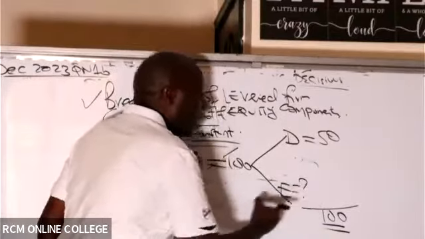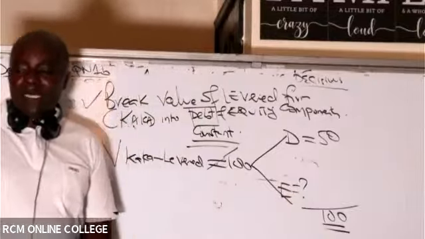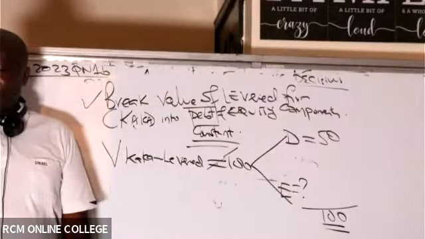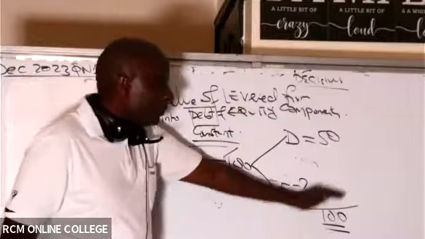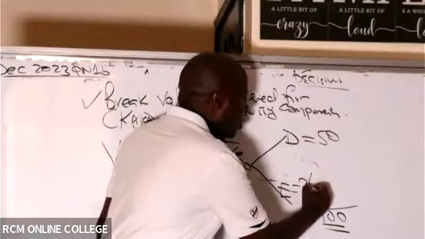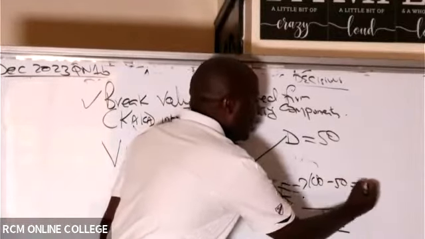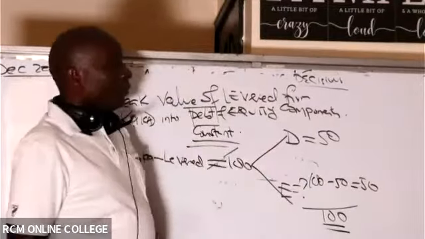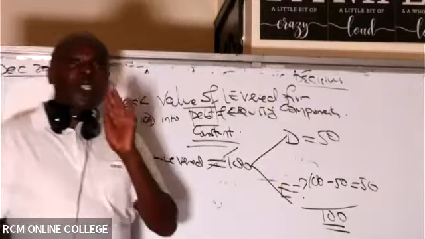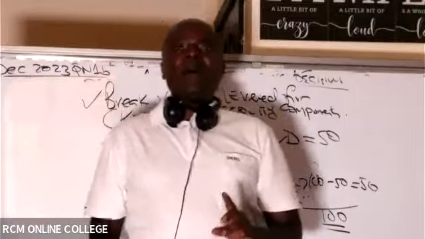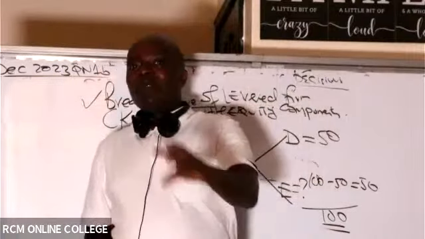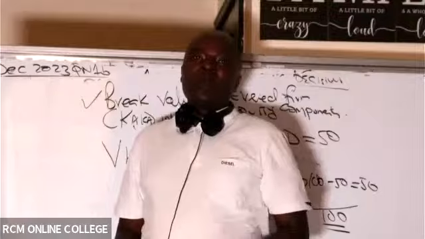The equity will be the balancing figure. Now it will be 100 minus this 50, which gives me 50. So once you get the value of a levered farm, the next thing will be for you to break it down.